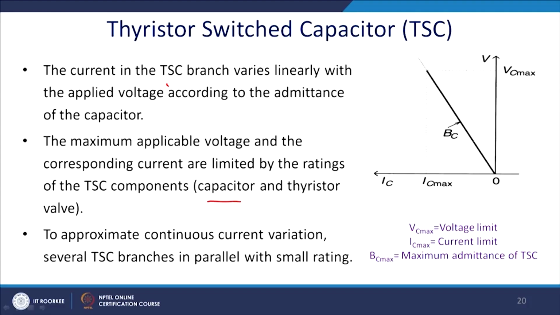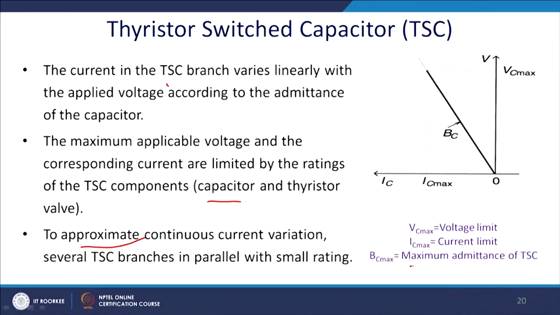So, this is basically the IC versus VC. To approximate continuous current variation, several branches of small units can be placed, the same way as we have seen in the segmented TCR. So, Bmax will be given by this line.